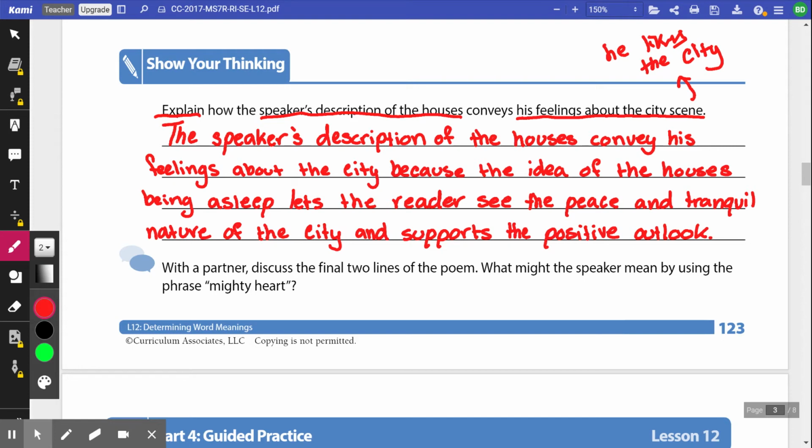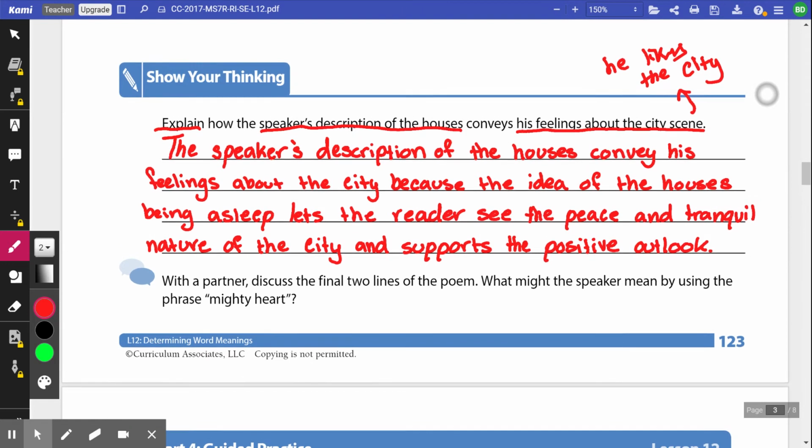And we said before that he feels very strongly about the city he is looking at. He has very strong, positive feelings. He likes the city a lot. So we had to figure out how his description of the houses shows us how he feels about the city scene that he is looking at.